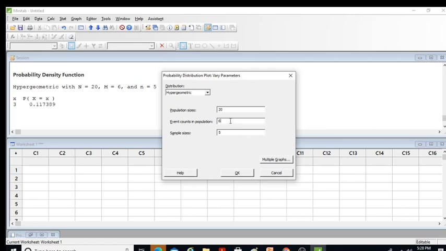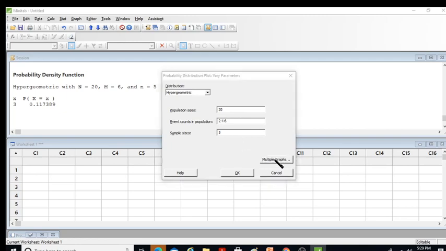Instead, let's vary the parameters, like 2, 4 and 6. Let's say you have 6 red balls, or maybe make it some bigger number.